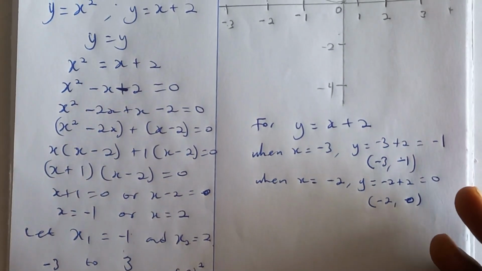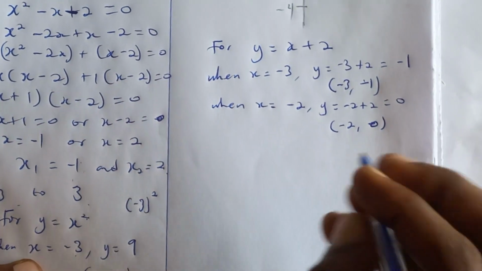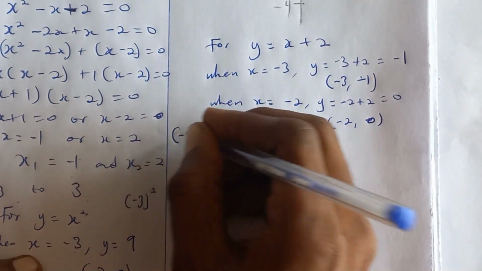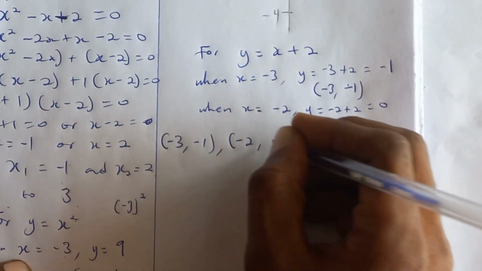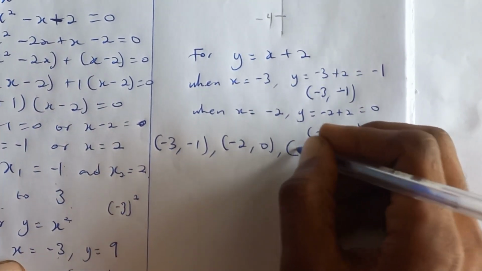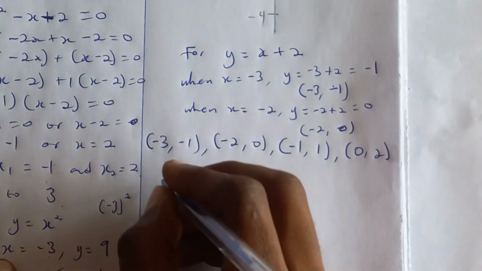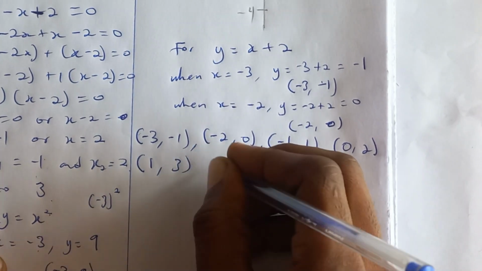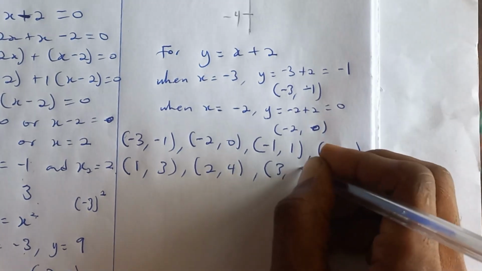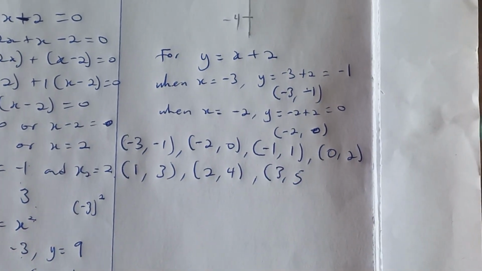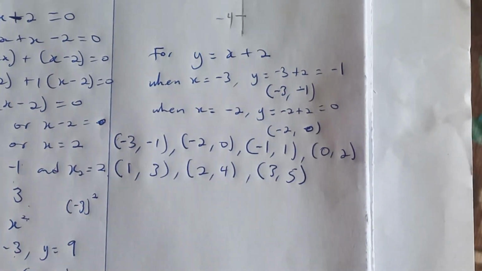So you do it for the rest of the numbers, okay? After doing it for the rest, you must get something like negative 3, negative 1 is here, negative 2, 0, negative 1, 1, 0, 2, 1, 3, 2, 4, and then 3, 5. Good.